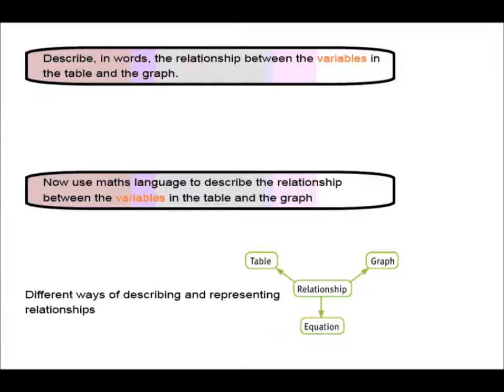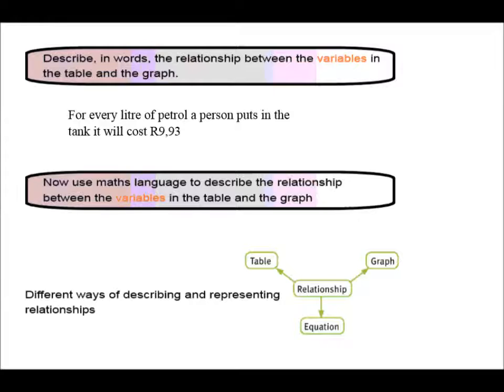Right, the next thing we look at is describing in words the relationship between the variables and the table. So a way of saying that, for every liter of petrol a person puts in the tank, it will cost R9.93.